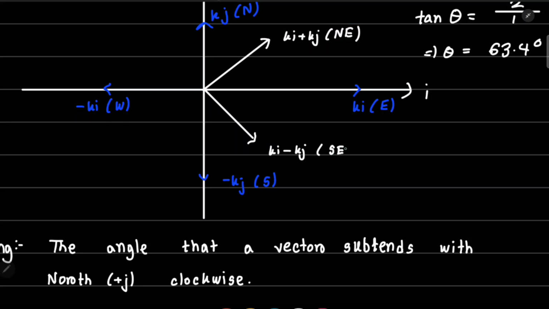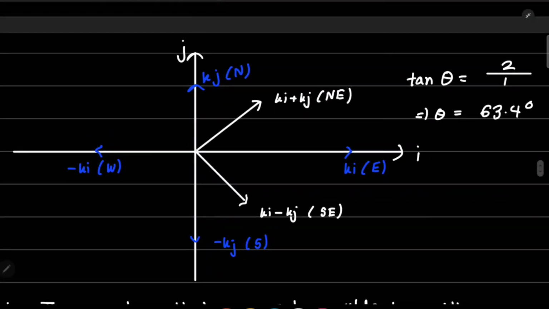We have northwest over here. Northwest is represented by minus ki plus kj. And finally we have southwest over here, which is minus ki minus kj.